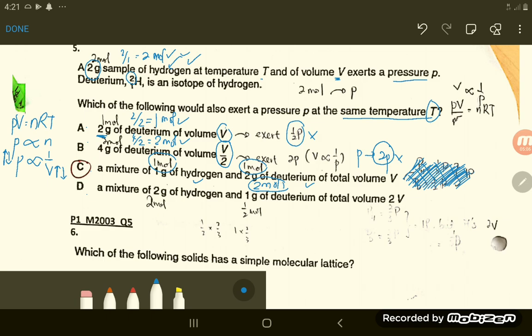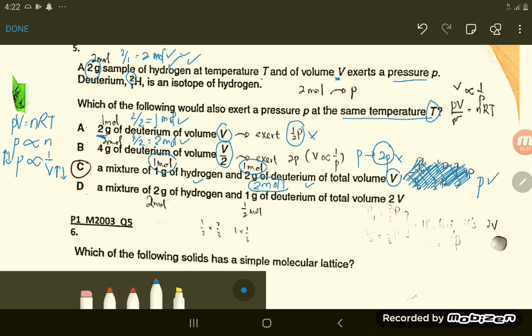You look at the number of mole that the mixture of gas has, and the volume that the gas occupies would be V. All right, so it doesn't change, which means that the pressure exerted by these gases would be P. Okay, so it's the same.